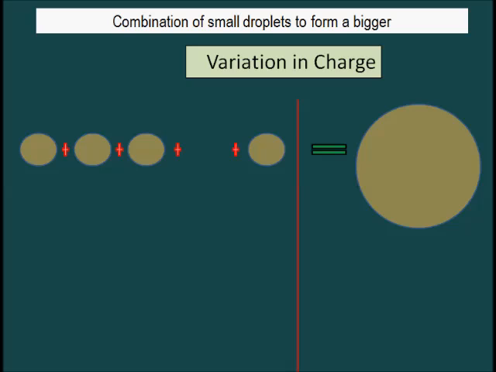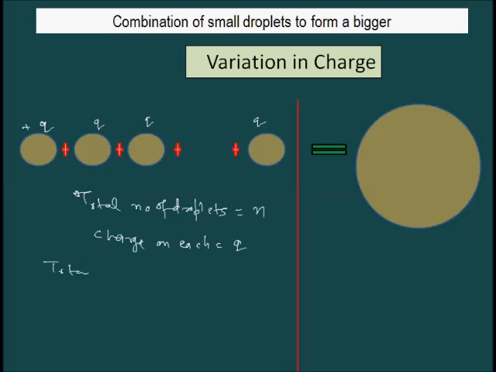First we will check how the charge changes. The charge before combination on each drop is q and the total number of droplets is n. Charge on each is q, so the total charge of all n droplets will be nq.